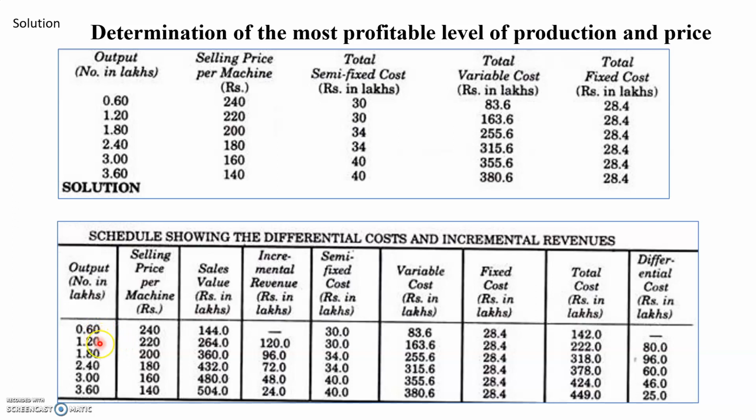When the output increased from 1,20,000 to 1,80,000, our total cost increased from 2,22,000 to 3,18,000, an increase of rupees 96,000 from the previous level. In the next case, from 1,80,000 to 2,40,000, there is an additional increase of 60,000 in cost.